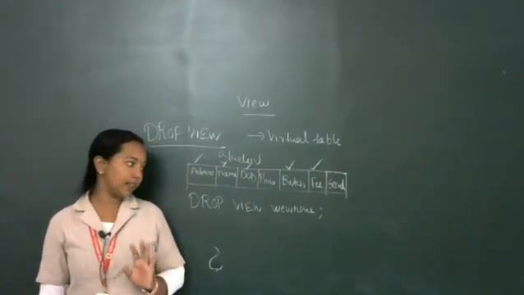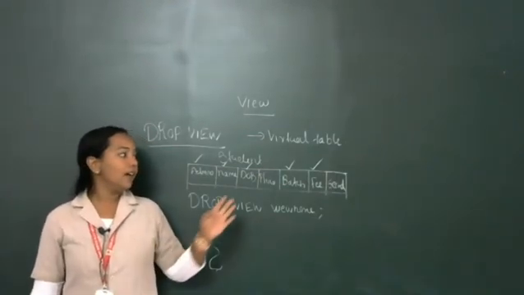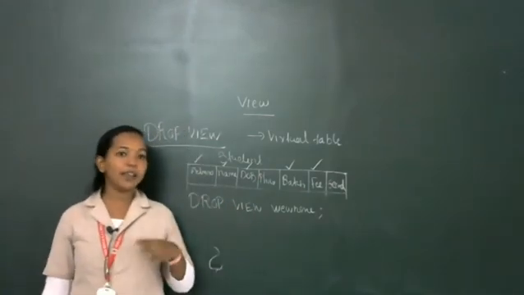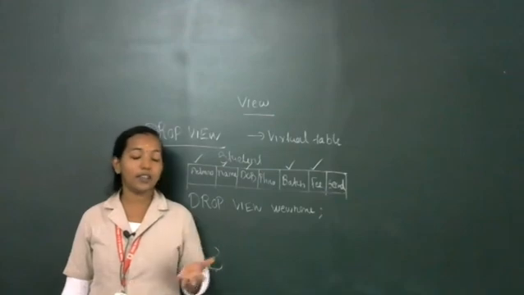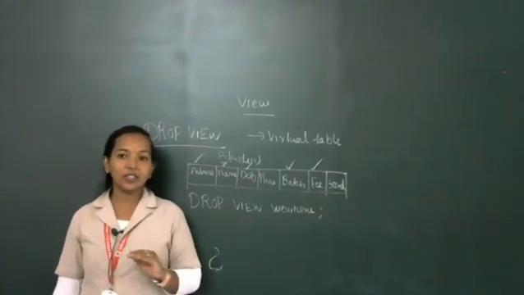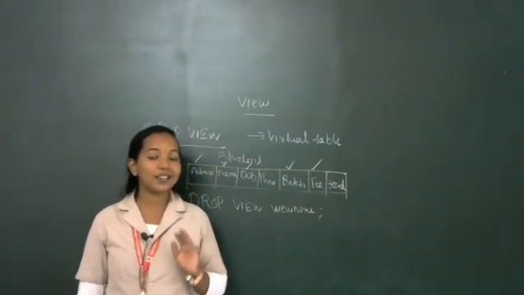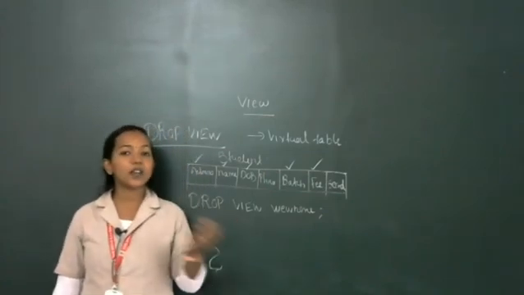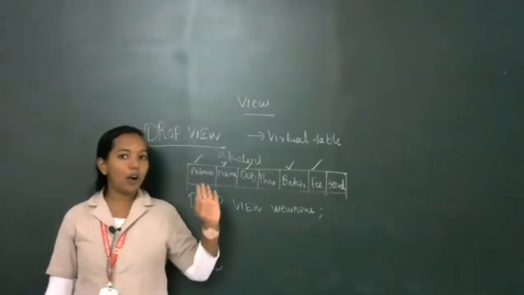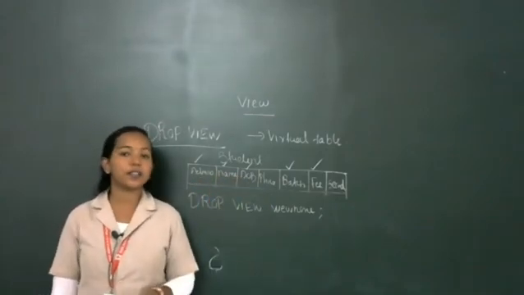Okay, I think it is clear. Actually, a view is a virtual table, and using a virtual table we can perform different kinds of operations. So the security level is less, because it is not the original table; it is a virtual table that we are extracting from the original table. Clear?